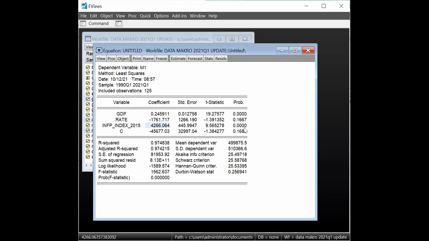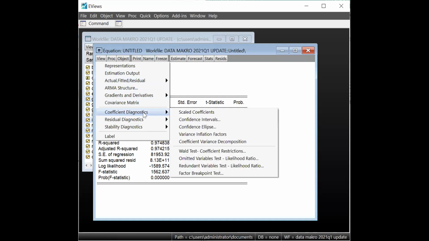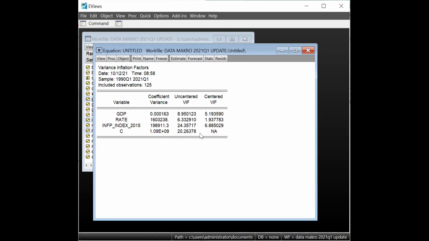Because the price increases, we need more money to buy something, so the demand for money will also increase. This one is the sample of the large sample model. Now we can check the variance inflation factor here.